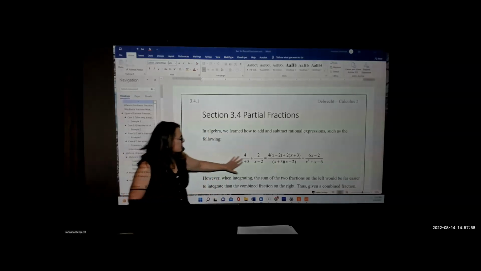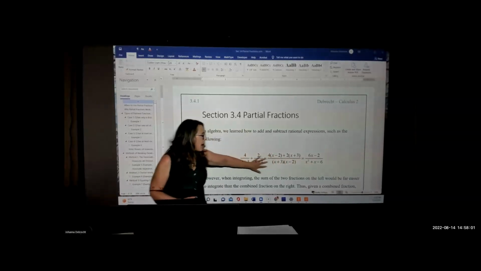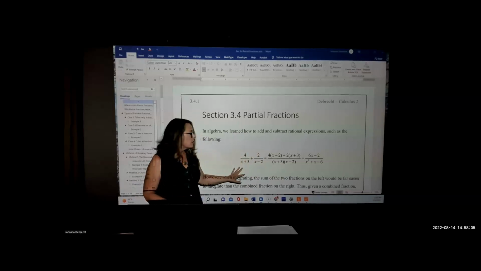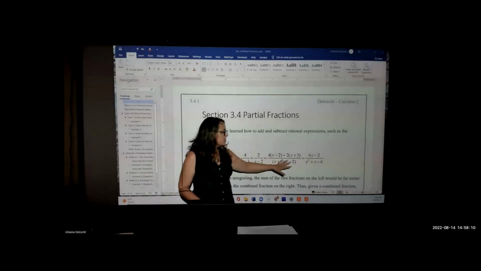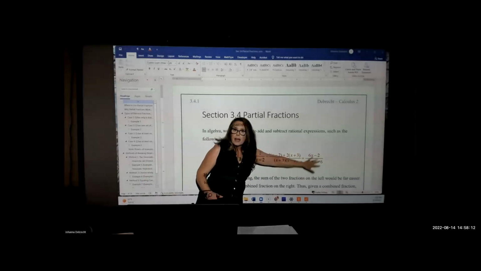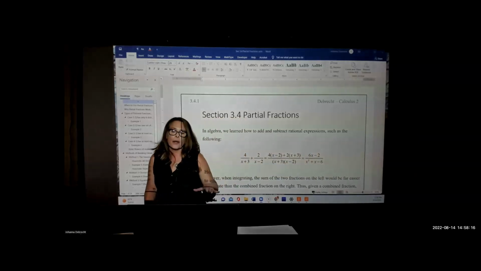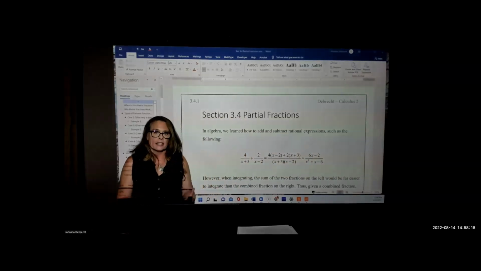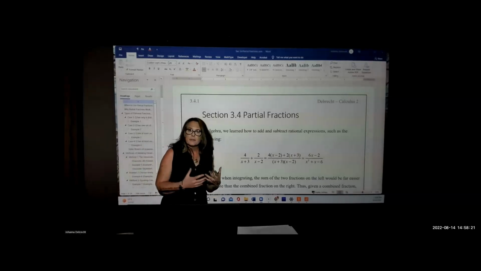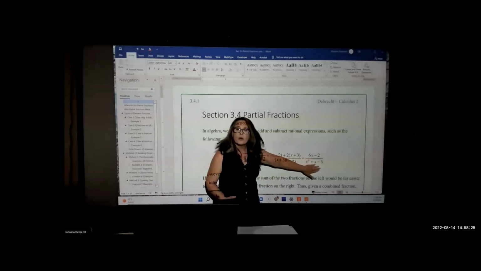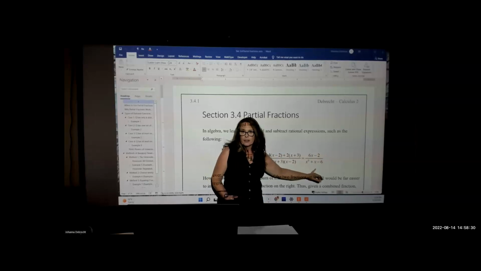Well, if you look at something like this right here, in algebra, we generally started with a simpler fraction on the left, and then we got common denominators, and we combined them together to get one combined fraction on the right. Now, when we're in calculus 2, however, we're concerned with techniques of integration, which means if we want to integrate the expression up here, and we start with the one on the right, the problem is I don't know how to integrate the one on the right.